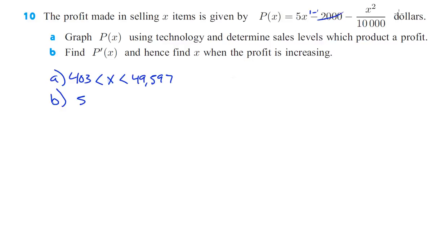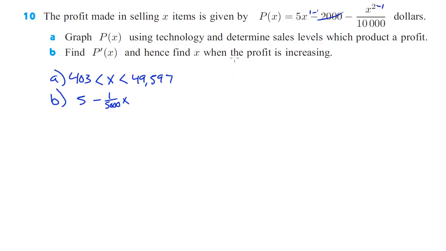Derivative of constant goes away, and then 2 times 1 over 10,000 turns into 1 over 5,000, and then that's 2 minus 1, so it's 1 over 5,000x. So 5 minus 1 over 5,000x.